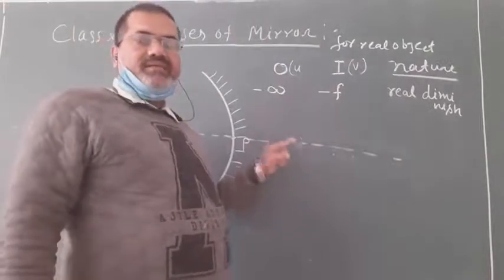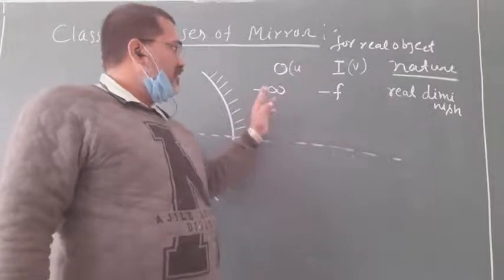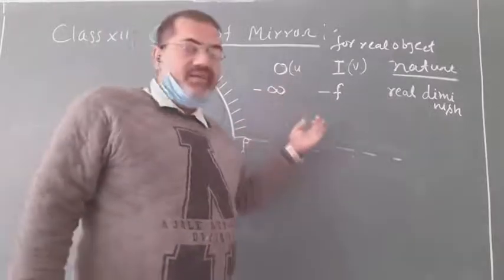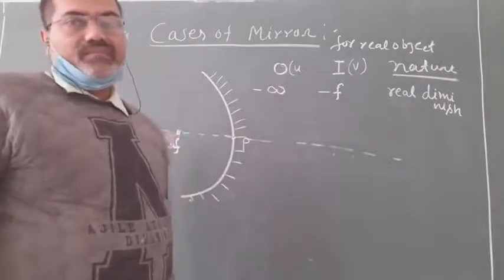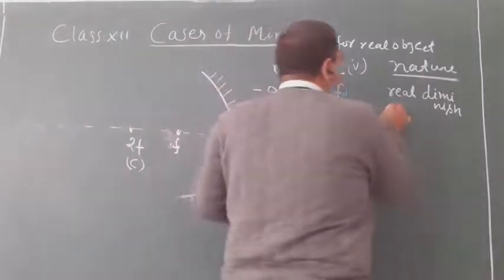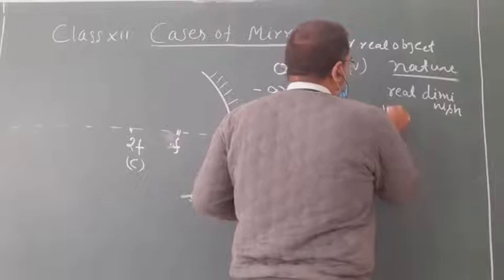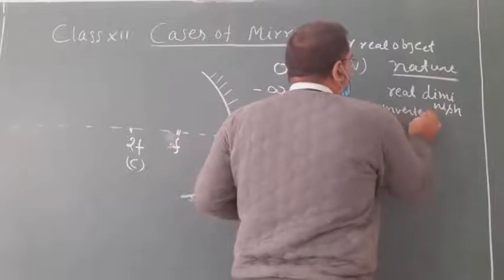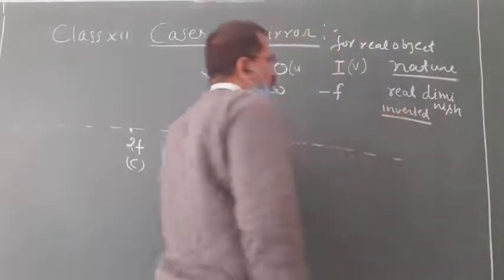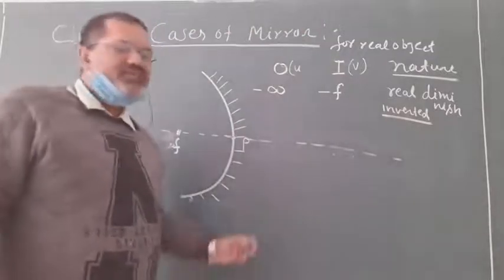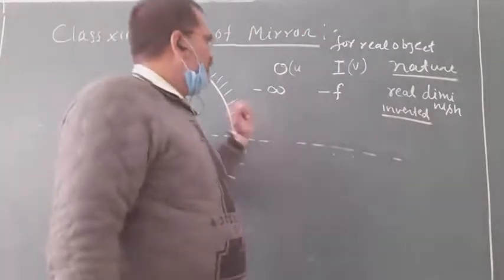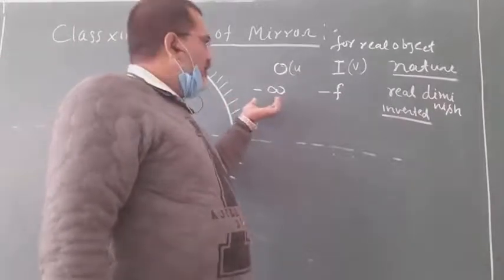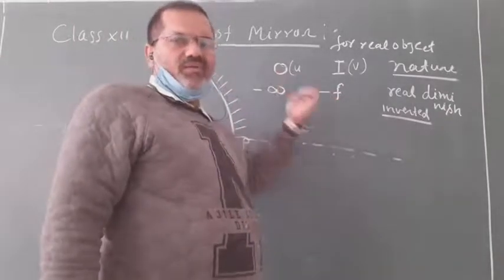As we have discussed earlier, if sign of u and v is same, it means inverted image. But in case of focus, as compared to infinity, focus is very small, negligible.